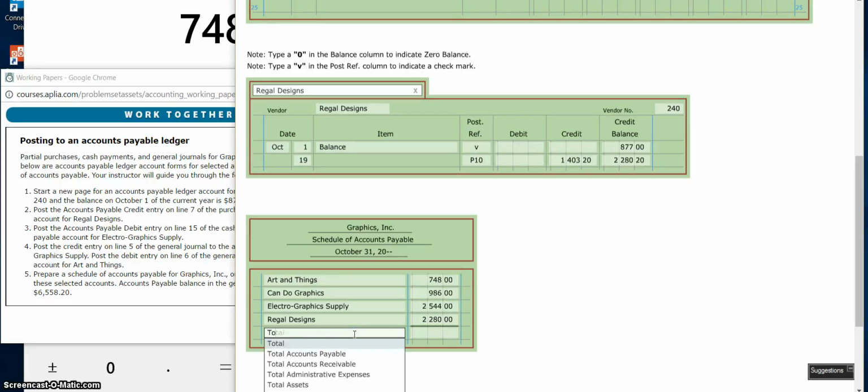We're going to put total on this line, and we're going to just add them up. This should actually be total accounts payable, sorry, because these are our total of our accounts payable.